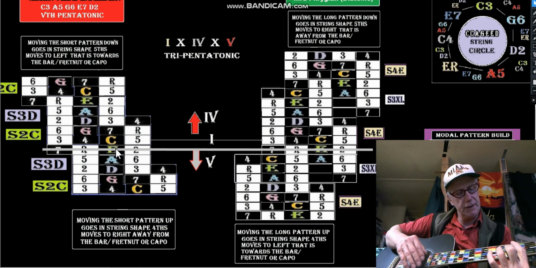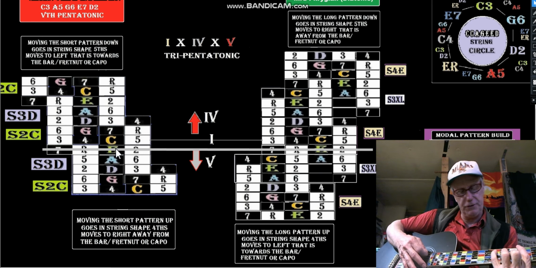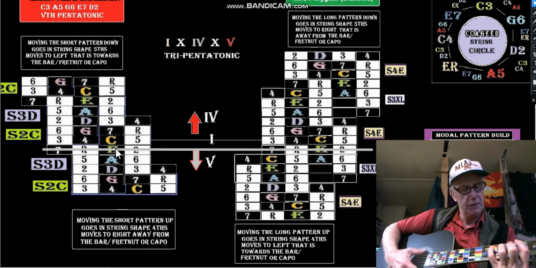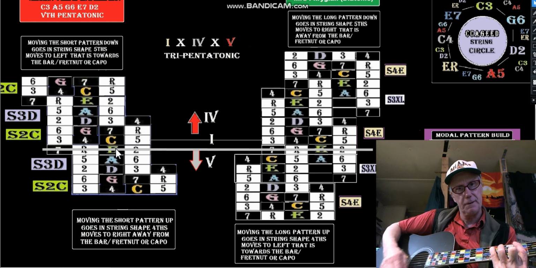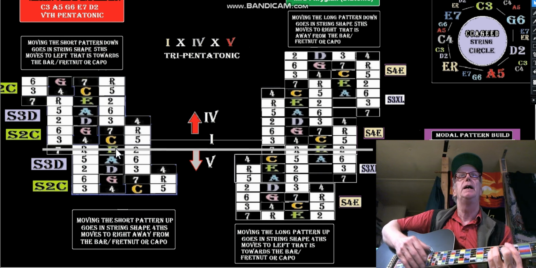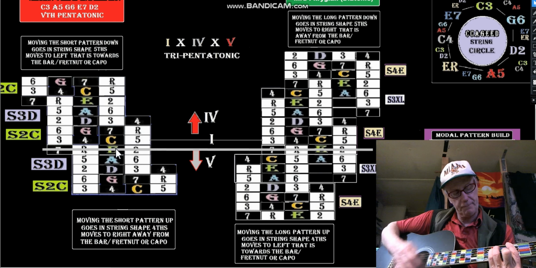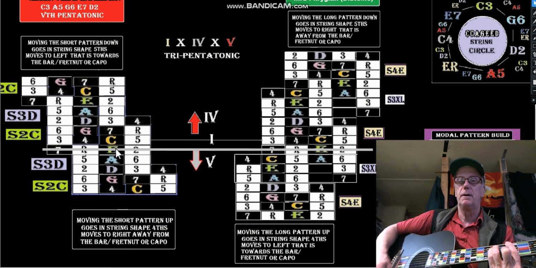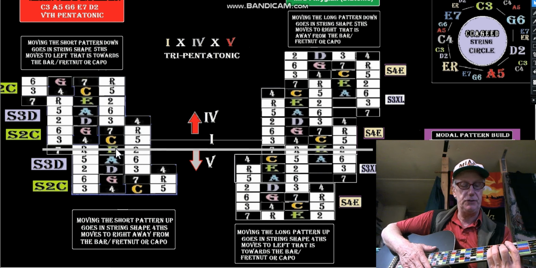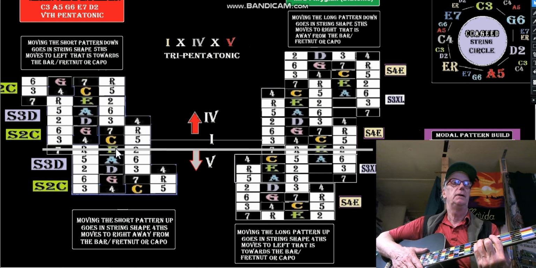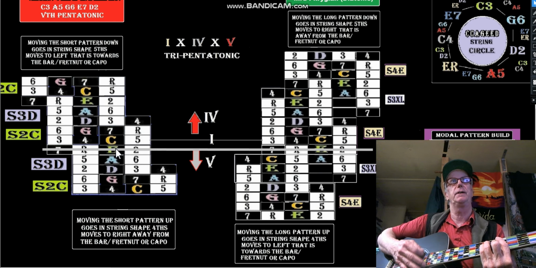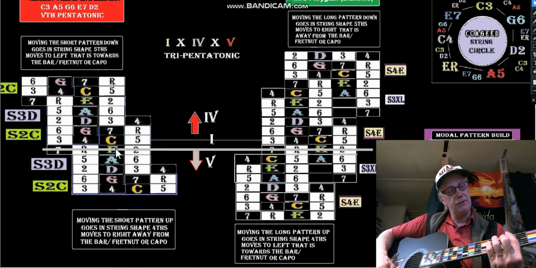So if we're on a C here, C string shape on the bottom, 3, 4, 5. Move it up to the E string shape. That is an E-shaped F. Okay, and conversely, the fifth of the E-shaped F is the C.